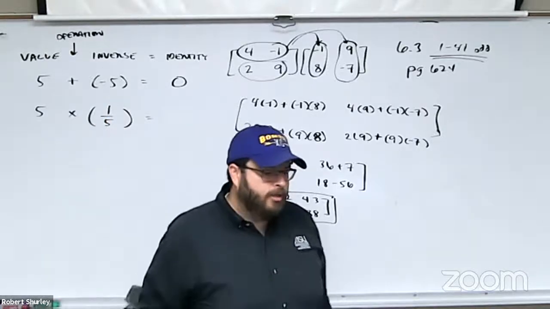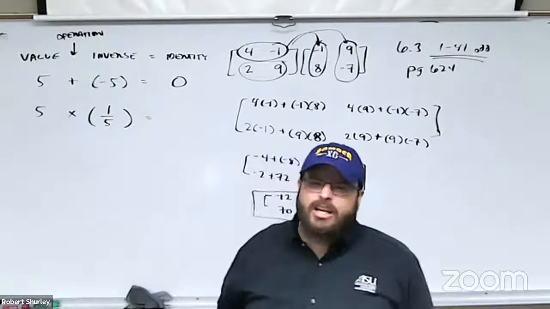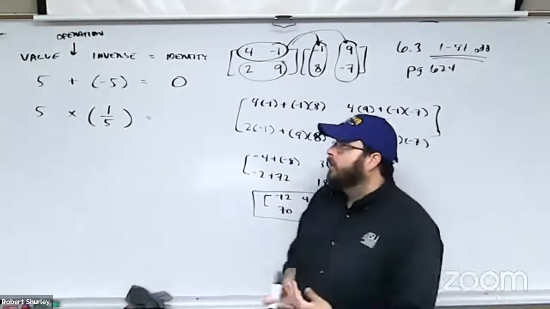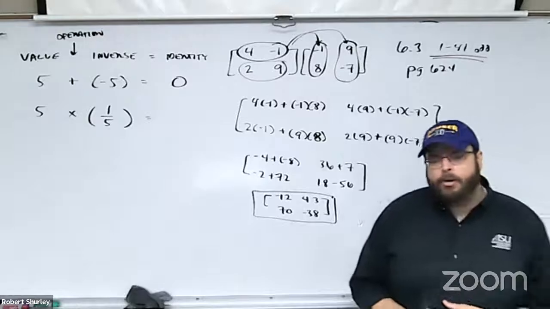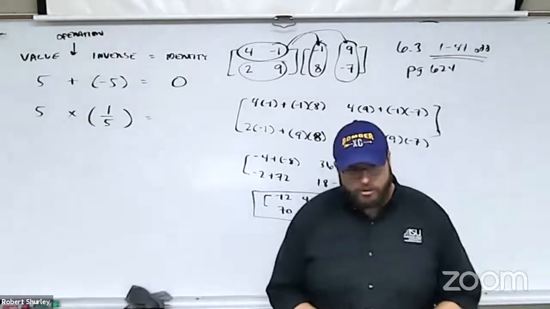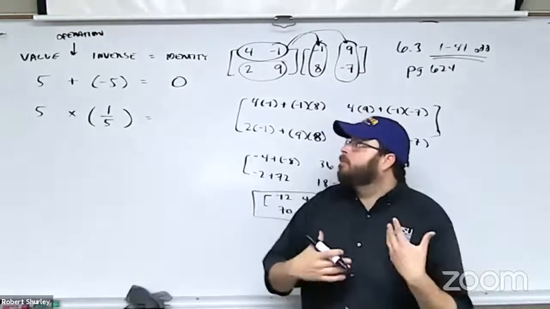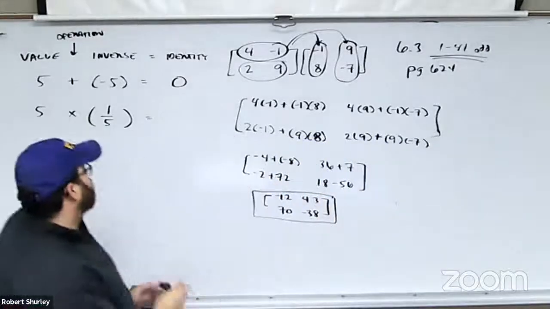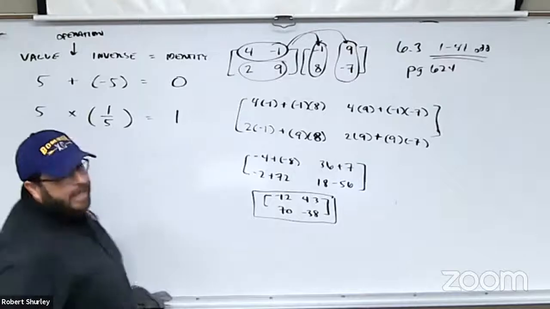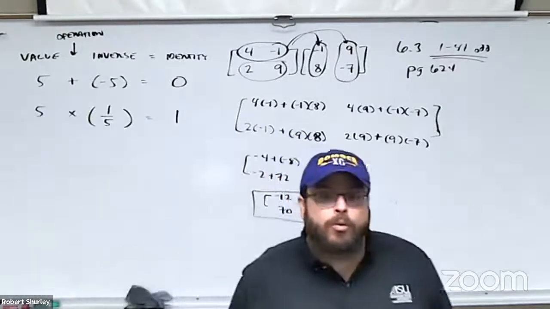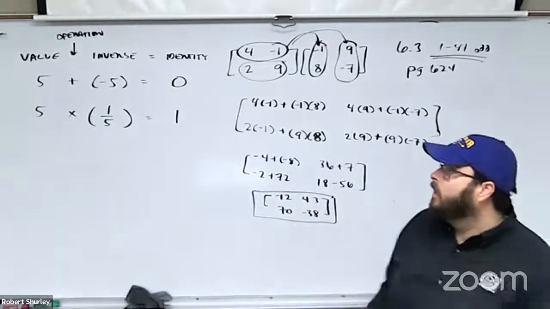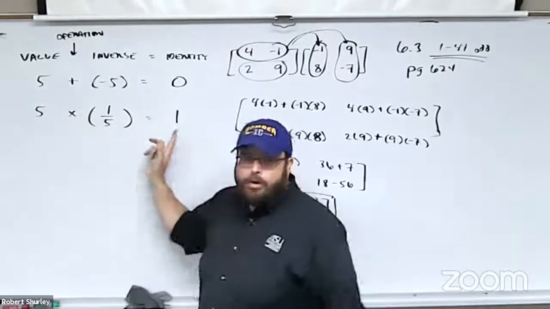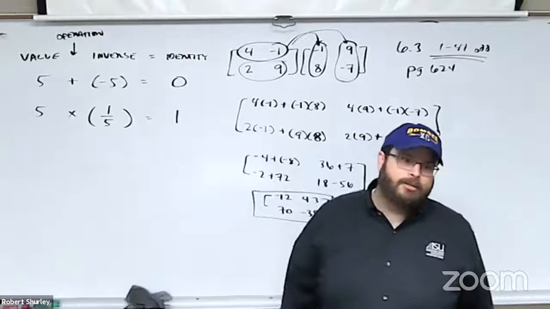Okay, you flip the fraction. If it was like 2/3, it would become 3/2, right? You would flip the number to get the multiplicative inverse. Well, and it turns out the multiplicative identity, when you multiply 5 times 1/5, well, 1/5 of 5 is just 1. And again, for the same reason 0 was the additive identity, the multiplicative identity, when you multiply anything by 1, doesn't change anything, right?